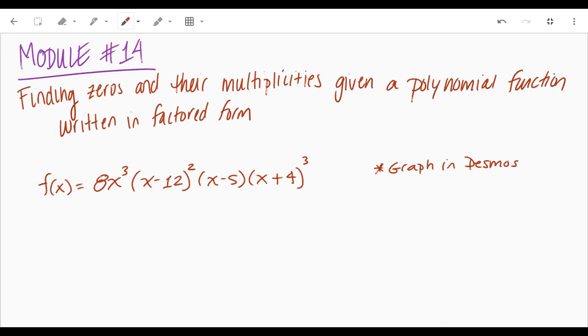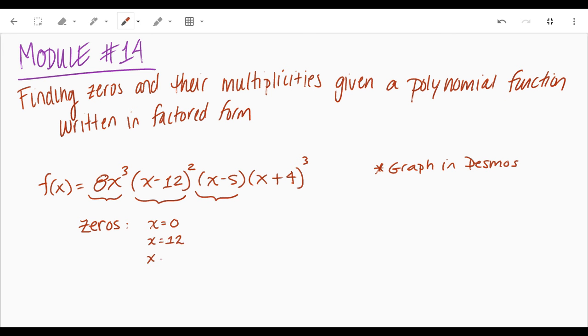Okay? But your zeros, just like when you had quadratic functions, using your zero product property, just set each factor equal to 0. So your first one, if 8x cubed is 0, that means x would have to be 0. Your second one, x minus 12 is a factor, so x equals 12 would give you a 0, right?